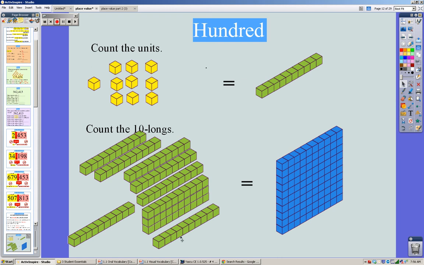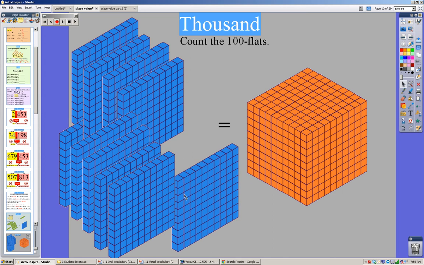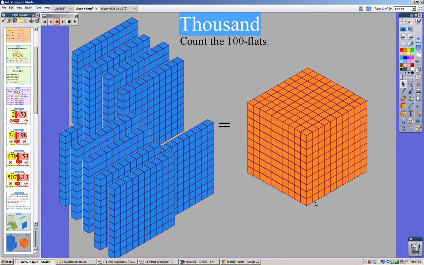So 10, 20, 30, 40, 50, 60, 70, 80, 90, 100. So you can see 10 of the rods equal 100. Now, if I have 10 of the mats, they equal one of these big blocks, and those are 1,000. So 10 hundreds equal 1,000.